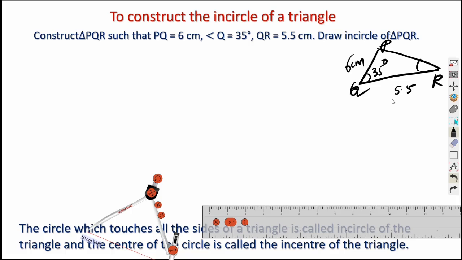PQ is given as 6 centimeter, angle Q is 35 degree, QR is 5.5 centimeter. Okay, this one you have to draw first before beginning the concept of incircle.